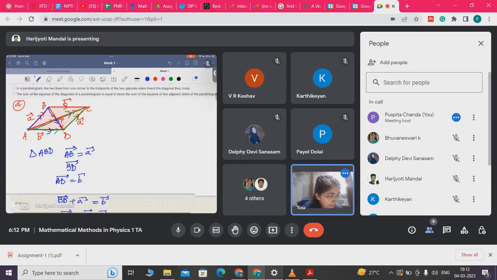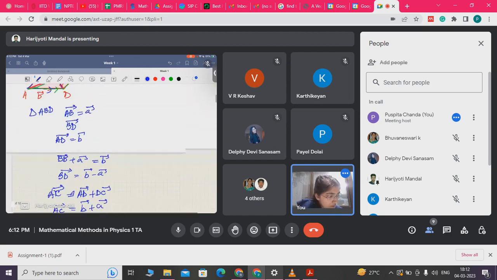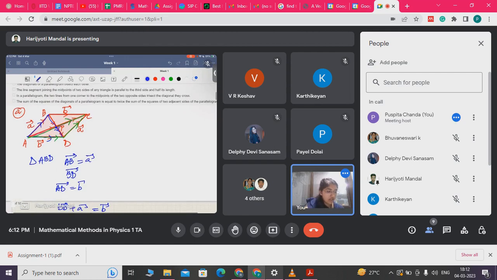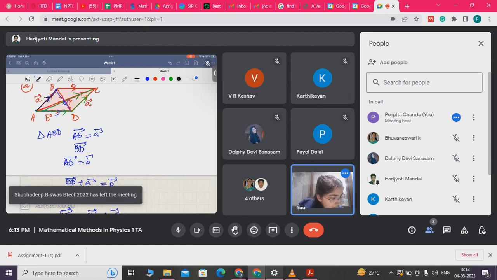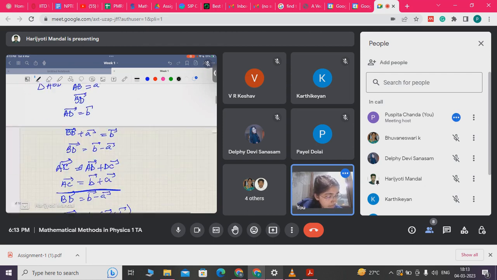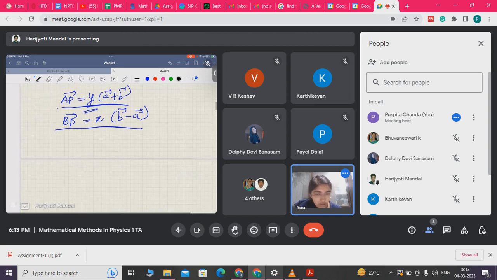Now AB is AD plus DB, which is AP plus PB. PB we can write as minus BP.